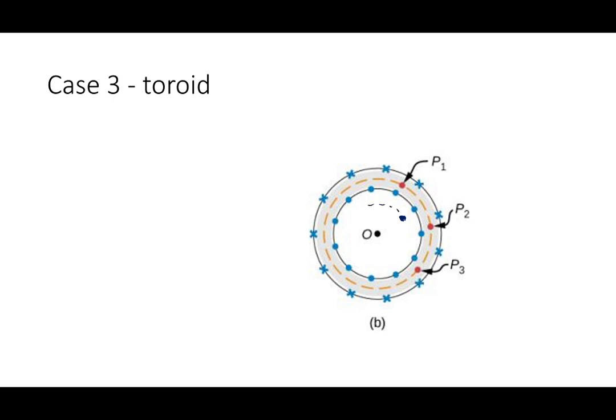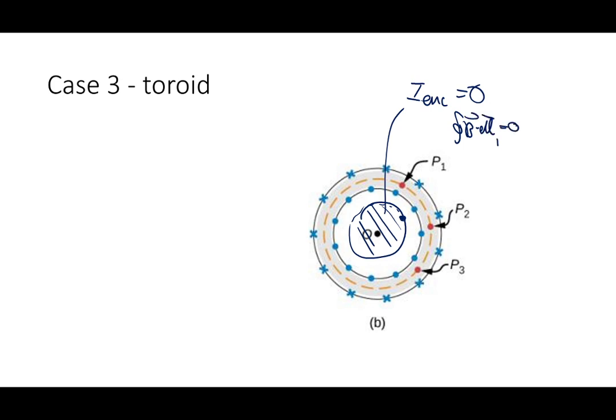If you were to do an Amperian loop, you'll find that the I enclosed here is 0. And so your loop integral must add to 0, and by symmetry, the only possible solution is that B is equal to 0 for all points within this region of the toroid.